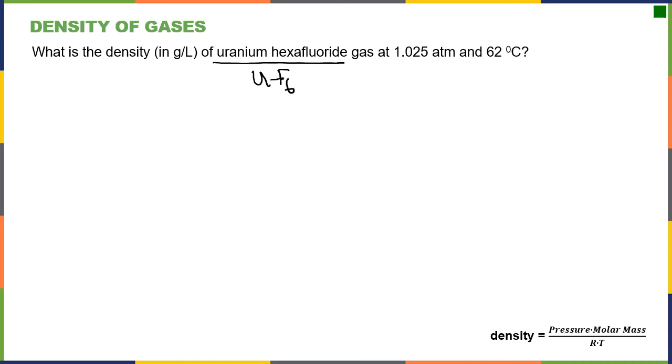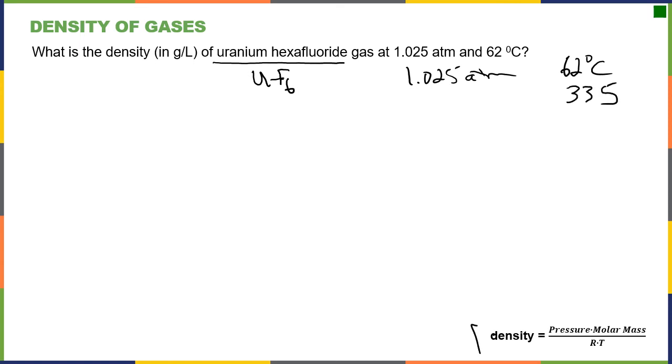By the way, they used to use this to actually separate out uranium, the radioactive version 235 versus much less radioactive version 238 when they're making atomic bombs. So we have UF6. We're looking at a pressure of 1.025 atmospheres at a temperature of 62 degrees Celsius. 62 degrees Celsius, if we put this in kelvins, we are going to get 335.